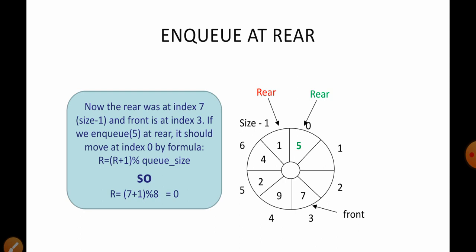If we enqueue a new value, we will again use the formula rear is equal to rear plus 1 mod queue size. So rear is at index 7, 7 plus 1 mod 8 is equal to 0. So we change the rear from index 7 to index 0, and we place the new value 5 at index 0.